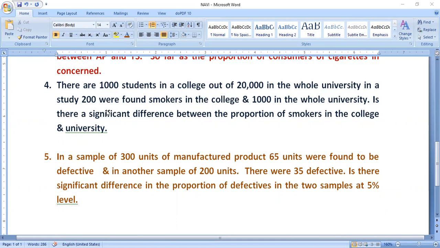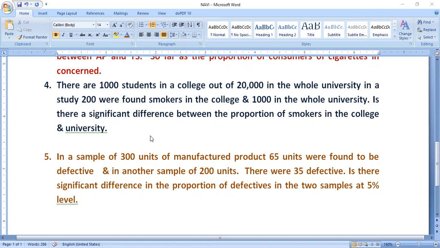This problem also uses the same procedure, but you have to get the population and the random sample information from the given problem. Then problem number 5. In a sample of 300 units of manufactured products, 65 units were found to be defective, and in another sample of 200 units there were 35 defective. Is there a significant difference in the proportion of defectiveness in the two samples at the 5% level?